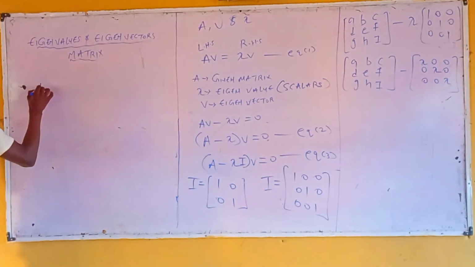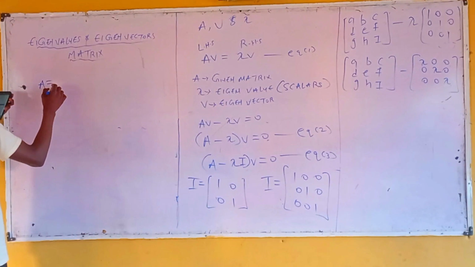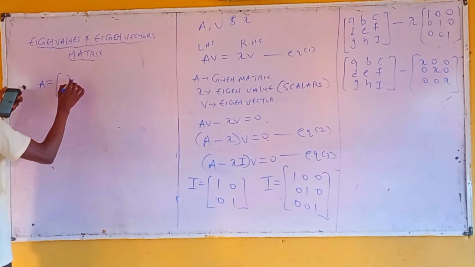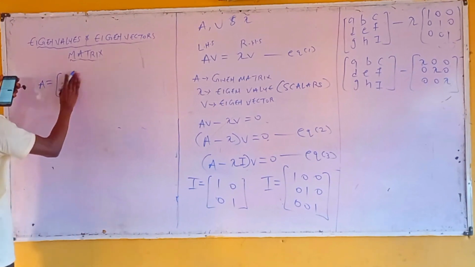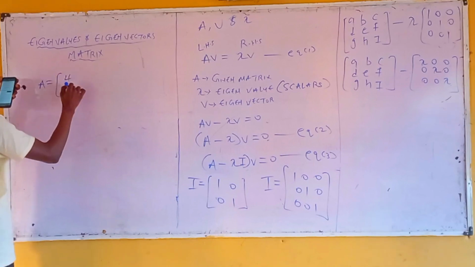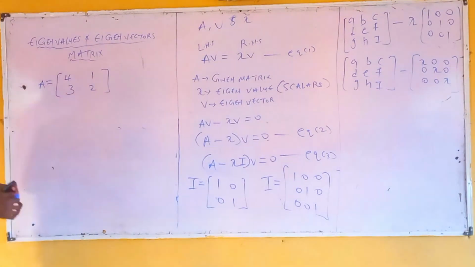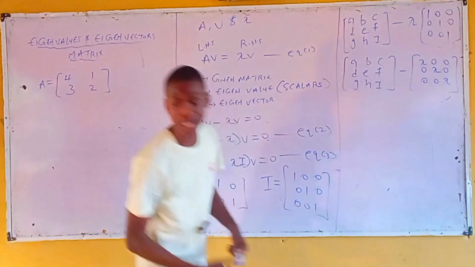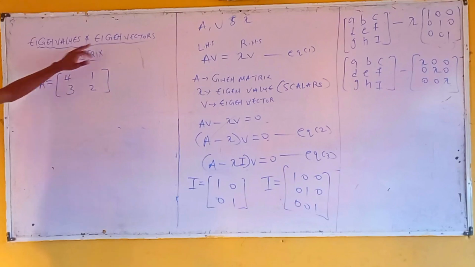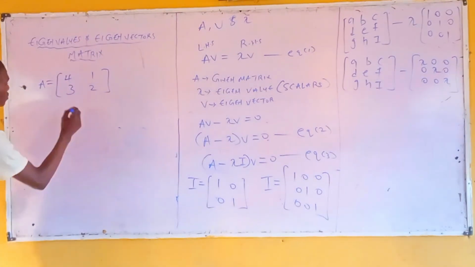This is the given matrix. A is equal to 4, 3, 1, 2. This is your given matrix. The question says find the eigenvalues and eigenvector. Solution.